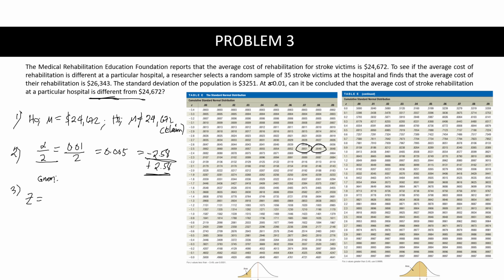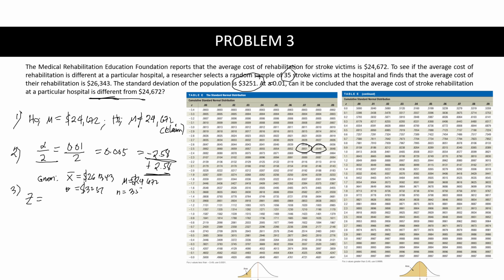The sample mean is 26,343, our population mean, our parameter, is 24,672, our standard deviation is $3,251, and our n is 35.